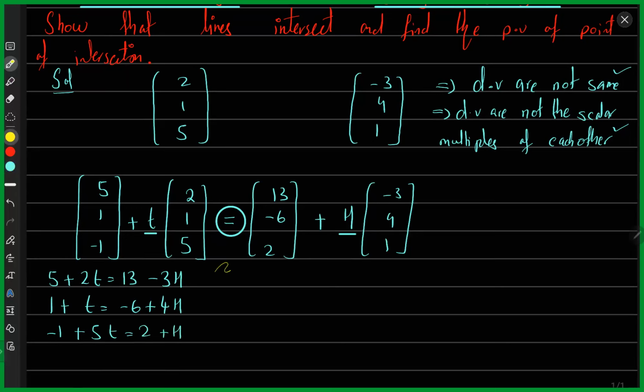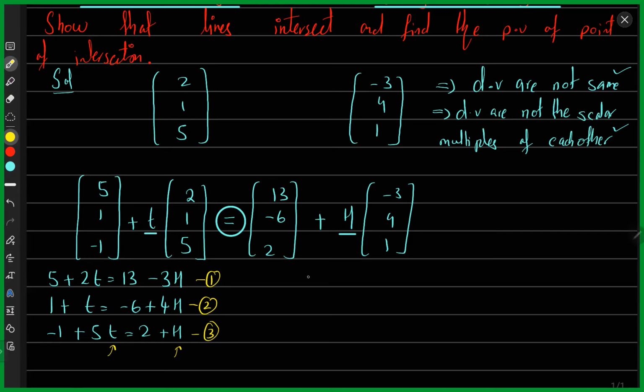So we have equations 1, 2, and 3. Now I will use 1 and 2 and solve them simultaneously. I'll find the values of t and mu, and when I plug the values of t and mu in the third equation, if it is satisfied, it would mean that the two lines are intersecting. Let me just finish this question, then I'll address your queries, and then I am going to explain this once again.